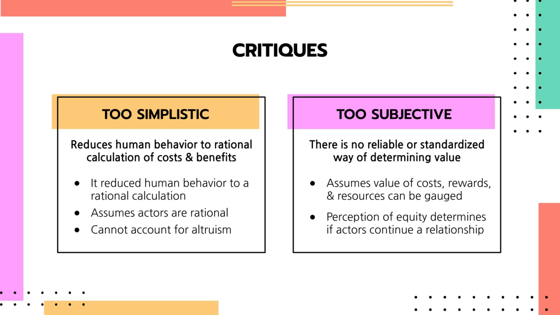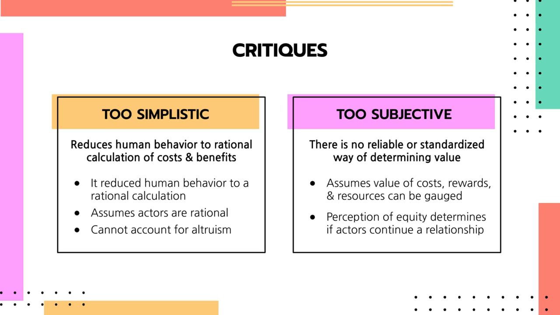And they also said that perception of equity determines if actors continue a relationship, but not actual equity within a particular exchange relationship. And so they say that there's too much perception involved. There's too much subjective perception of what is good, what is valuable, what is a reward, what's a cost, what's a punishment, what's fair.